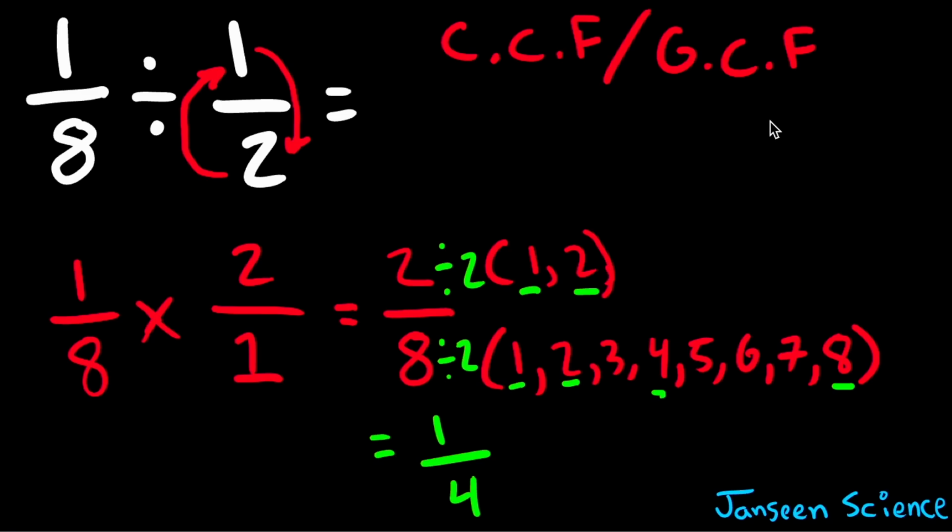So you find the greatest common factor, and then you write it right next to the numerator and the denominator, just like I did. And then you go ahead and divide 2 divided by 2 and 8 divided by 2, and we got 1 over 4. So there you go. Easy.